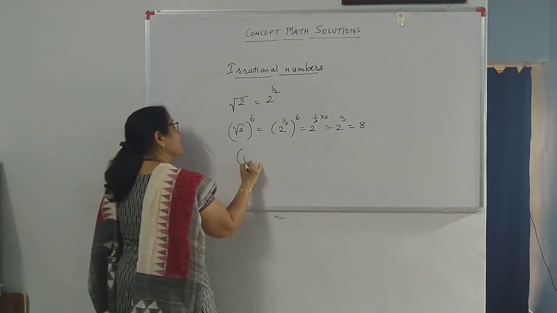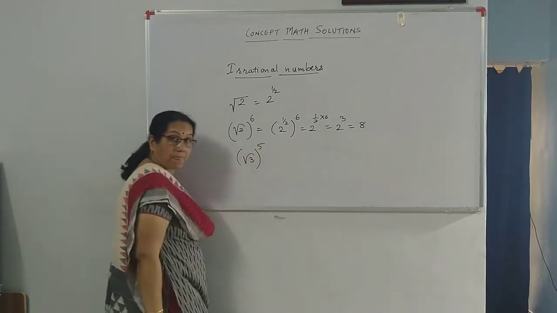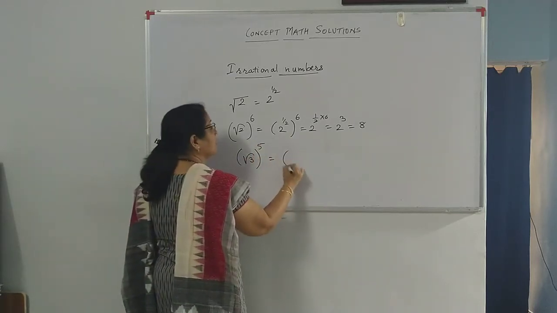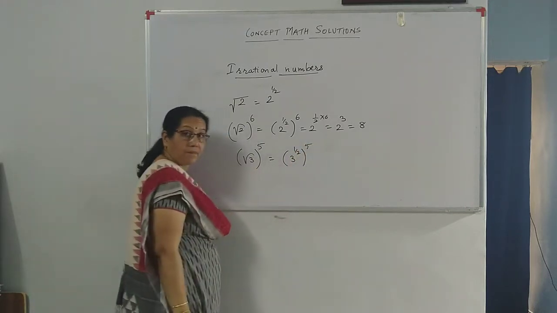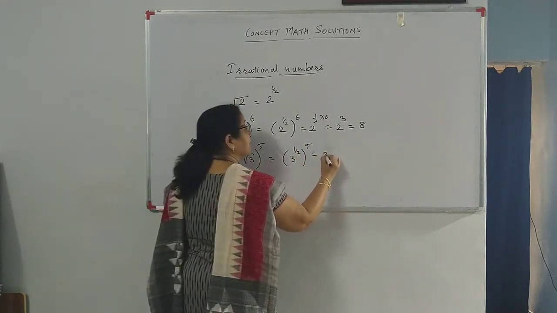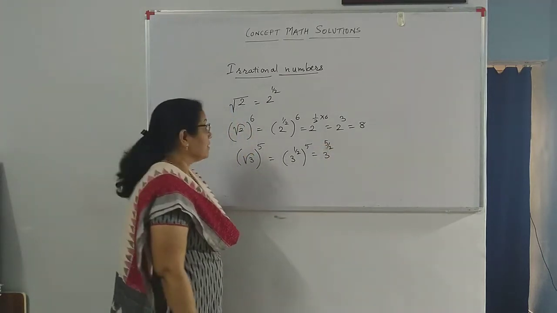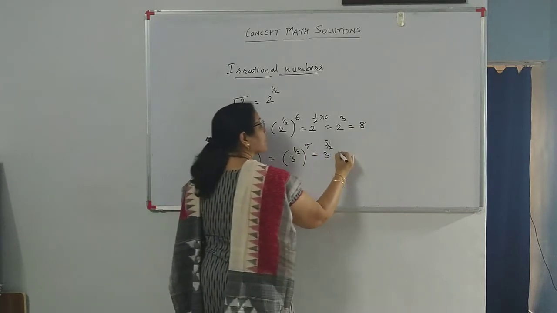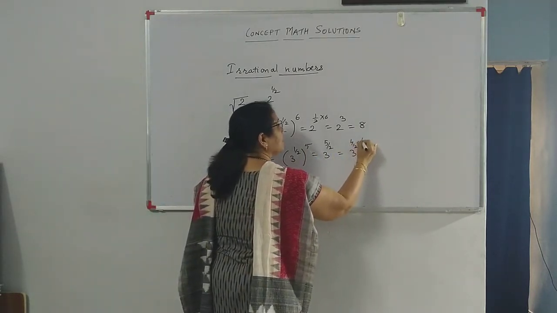Suppose now I have root 3 to the power 5. Yes? Now root 3 again, 3 to the power half, to the power 5. Yes, that is 3 to the power 5 by 2. Right? 3 to the power 5 by 2, which is also 3 to the power 4 by 2 plus 1 by 2.